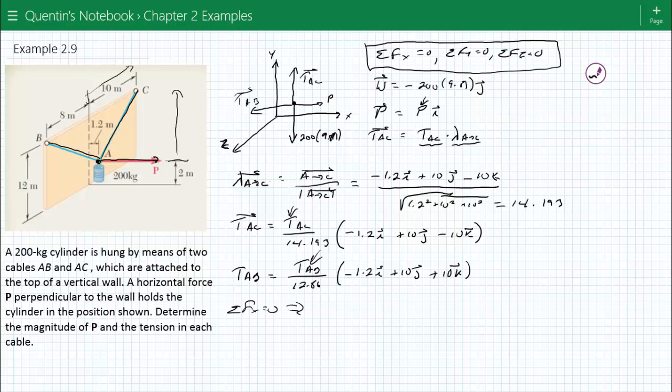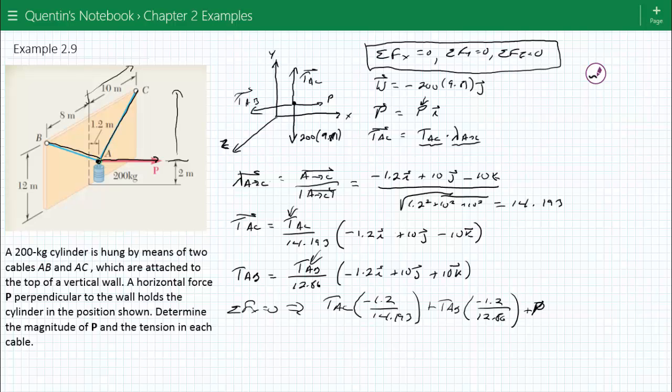It's going to be TAC times minus 1.2 over 14.193 plus TAB times minus 1.2 over 12.86. And in the X direction, we also have this plus P.